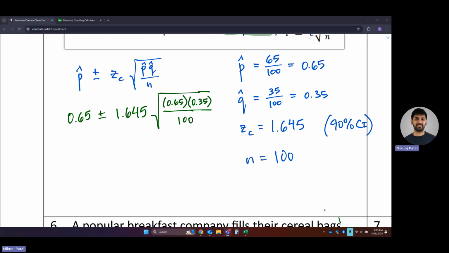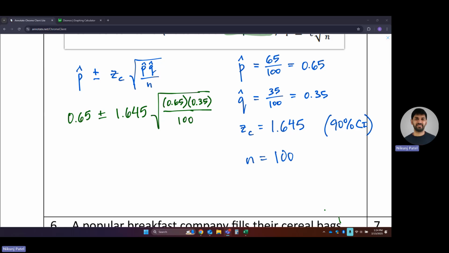If you have questions about how to actually calculate this using the calculator, you can email me separately. You'll have to break it apart into steps. You might want to calculate this fraction first, then take the square root of it, multiply by the 1.645, and then add and subtract from the 0.65.